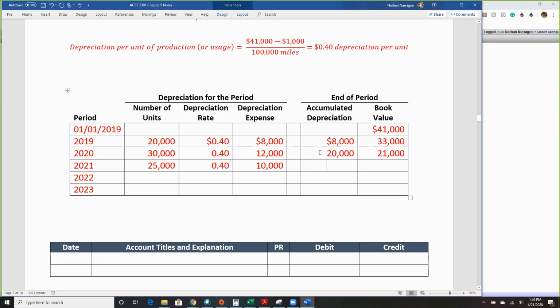So am I going to add the depreciation expense or am I going to subtract it? So did it increase or decrease?